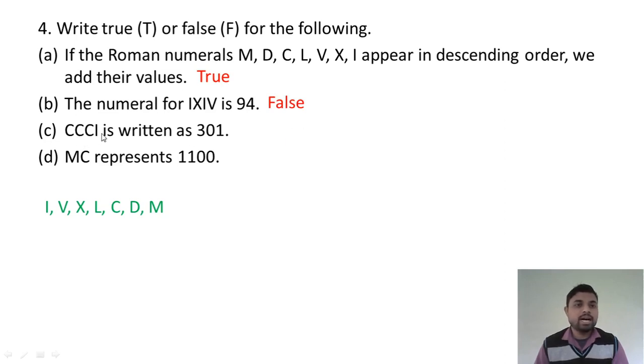Next, CCCI is written as 301. So CCC means 300. I, yes, you can add. Okay. MC, M means 1000, C means 100. C is on the right hand side, so we'll do addition. So 1000 plus 100, 1100. So it is true, and this is also true.